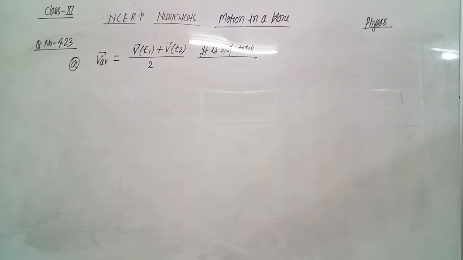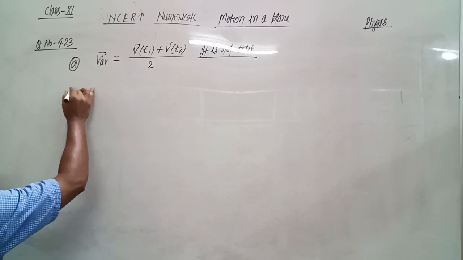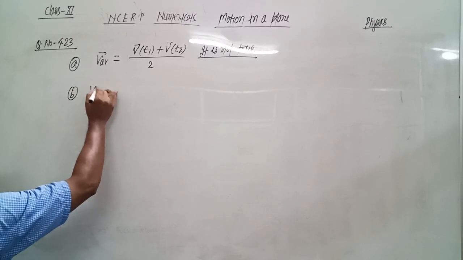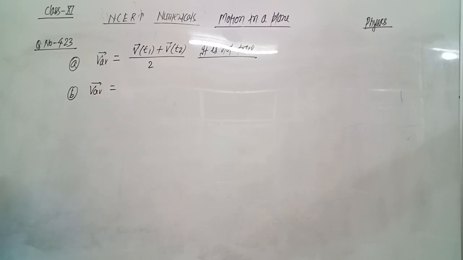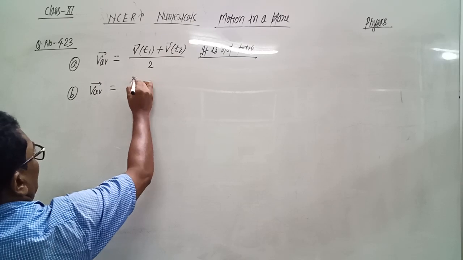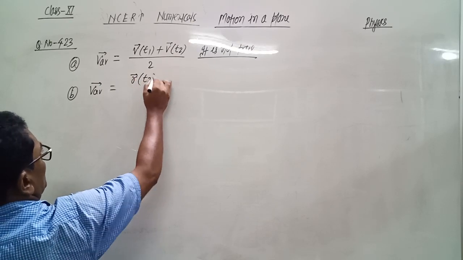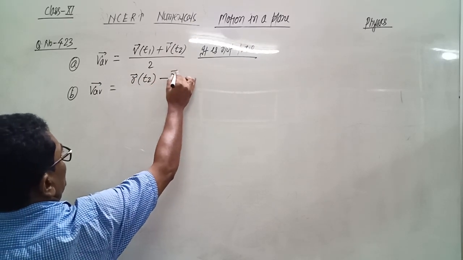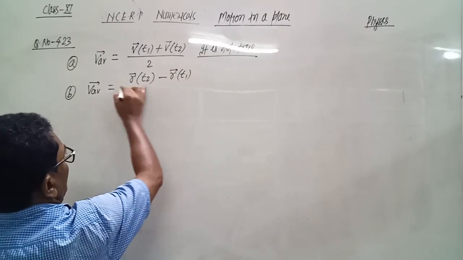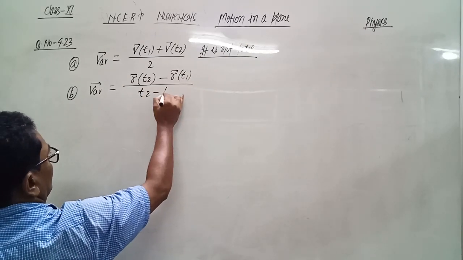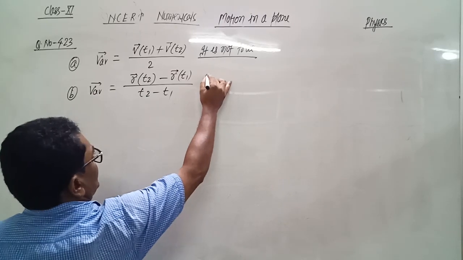The second statement is average velocity V average is equal to r(t2) minus r(t1) upon t2 minus t1, position at time t2 minus position at time t1 upon t2 minus t1. So this statement is true.